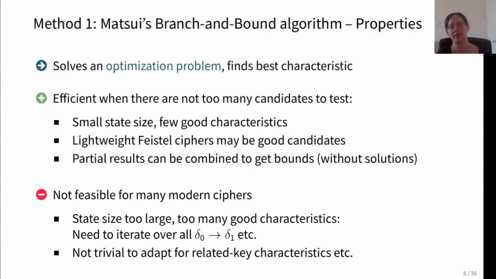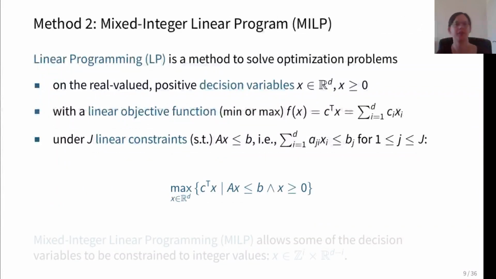On the other hand, a recently much more popular approach is so-called MILP solvers. MILP is short for mixed integer linear programming, which is in turn a generalization of linear programming. Linear programming is a method and language for solving a particular type of optimization problem, namely one that's all about linear optimization.